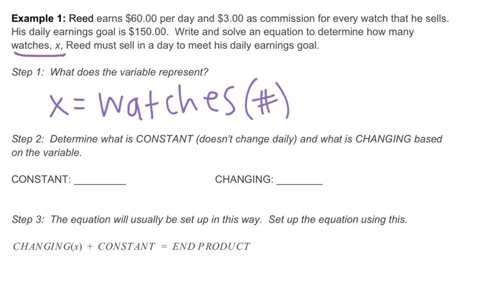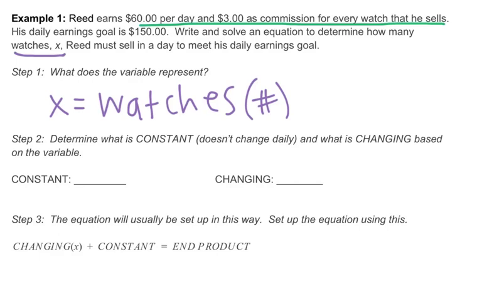Okay, so step 2. Determine what is constant, aka is not changing daily, and what is changing based on the variable. So what stays stagnant and what does not move? Well, it says Reed earns $60 per day and $3 as commission for every watch that he sells.